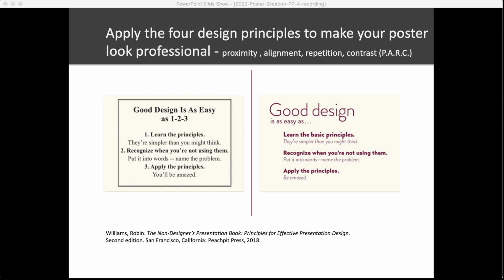And the 4 design principles, they are all interconnected. Specifically, proximity is to group related items together and to separate items that are not directly related to each other, and vary the space between to indicate the closeness of the relationship.